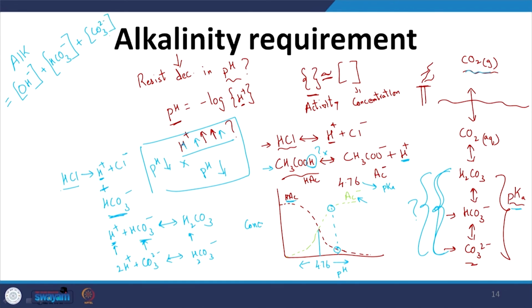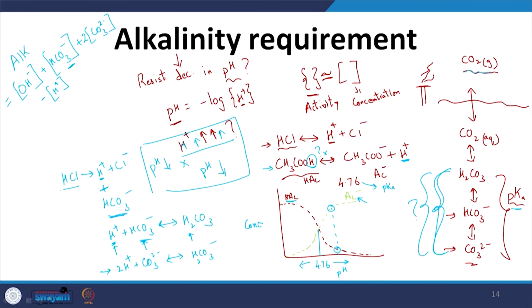Since CO3 2 minus can neutralize 2 H plus, here you will have 2, that is the equivalents, and obviously for OH minus, I have to subtract H plus. So this is the theoretical definition of alkalinity. In general, if pH is near about 6 or 7, OH minus and H plus will cancel out, CO3 2 minus will be negligible, and mostly we are concerned with HCO3 minus.